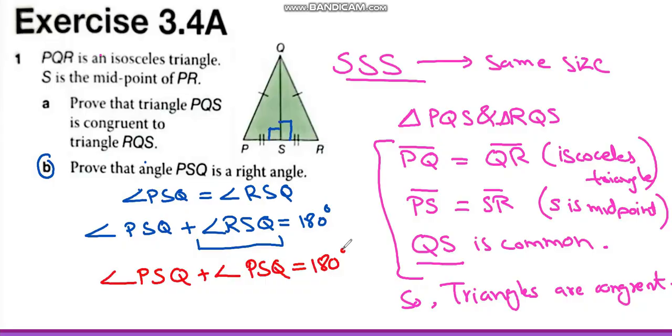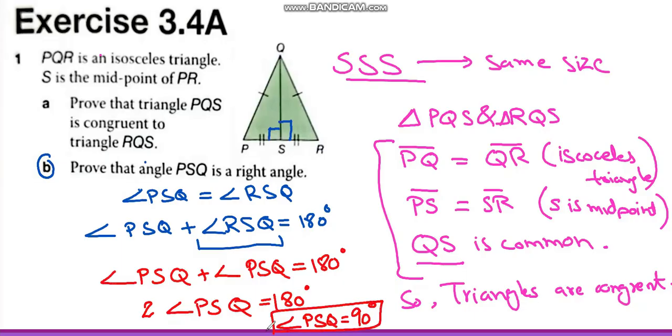So if we solve it, we get 2 times the angle PSQ, PSQ plus PSQ. If we divide both sides by 2, we get the size of angle PSQ, and that should be 90 degrees. So we have proved that the angle PSQ is 90 degrees.